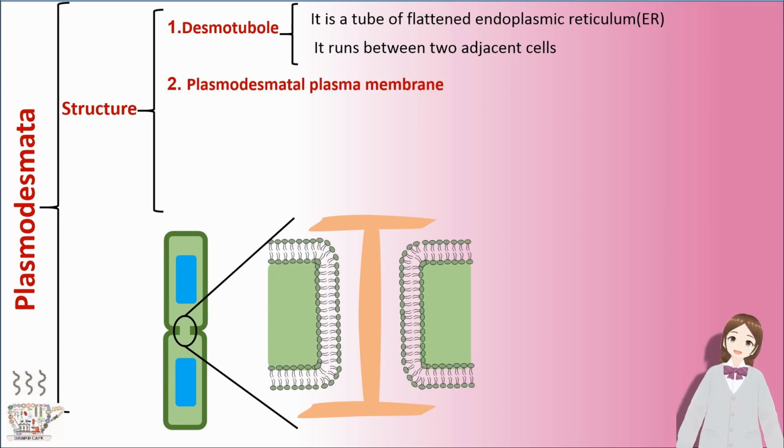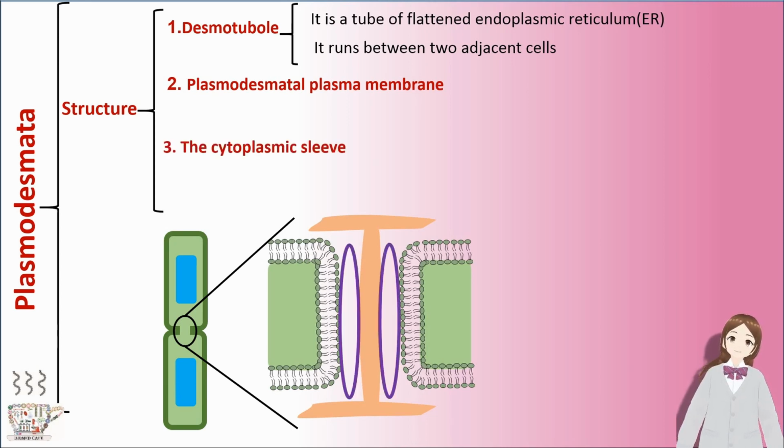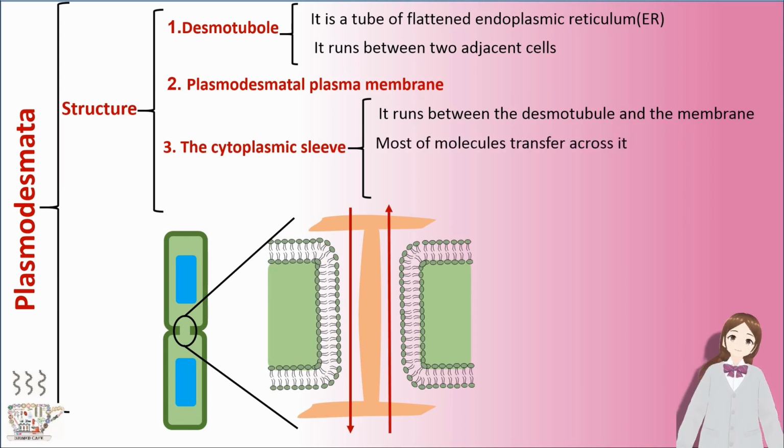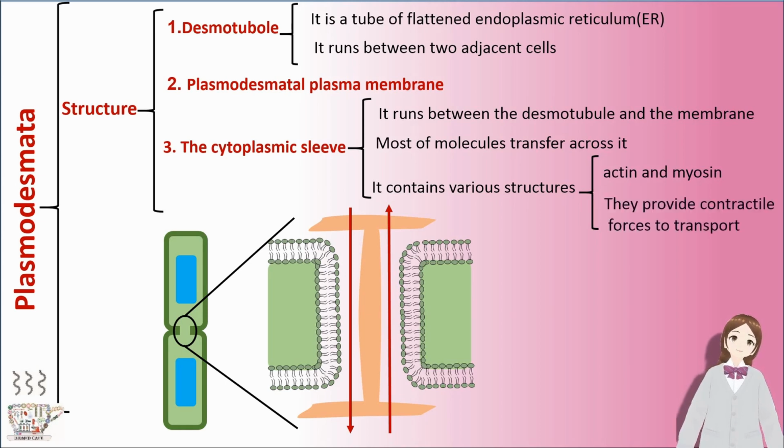The second part is plasmodesmatal plasma membrane, and the third part is the cytoplasmic sleeve. It runs between the desmotubule and the membrane. Most of molecules transfer across it. It contains various structures such as actin and myosin that provide contractile forces to transport.